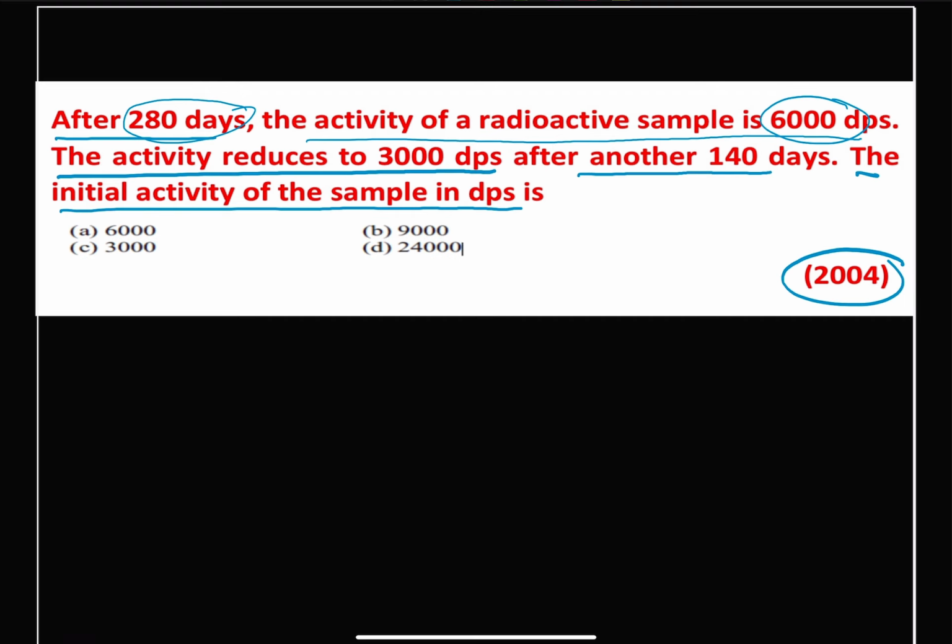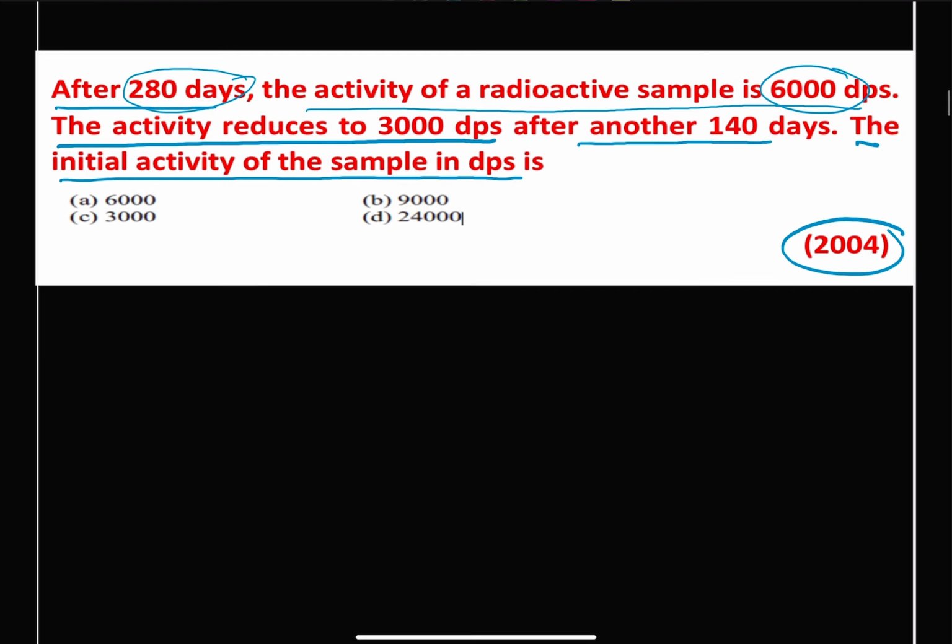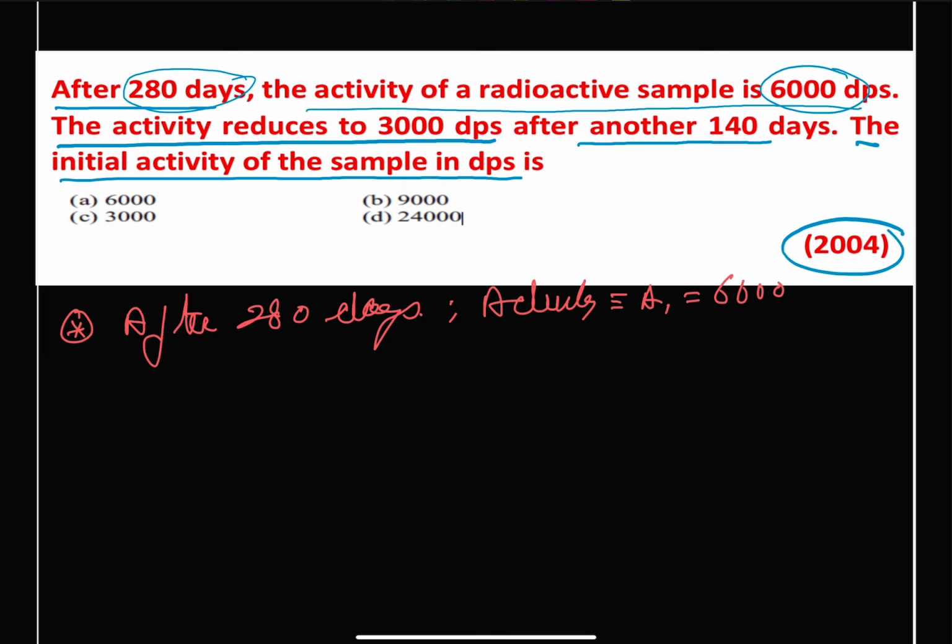So we can say that after 280 days, the activity, let us call this activity A1, is 6000 dps.